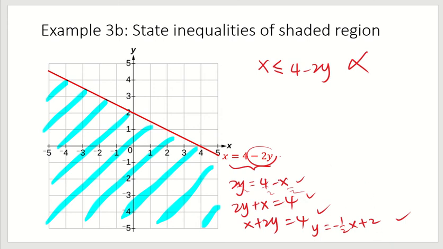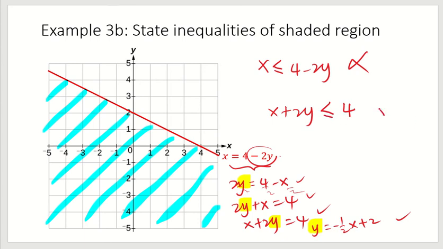All of these are correct. But the important thing is, you see, y must be at the left hand side and y must be positive. Then all the answers will be correct. Then your answer is x plus 2y, or 2y plus x, now is smaller or equal to 4.